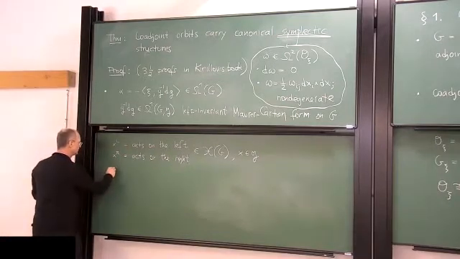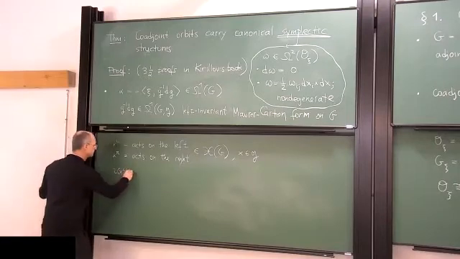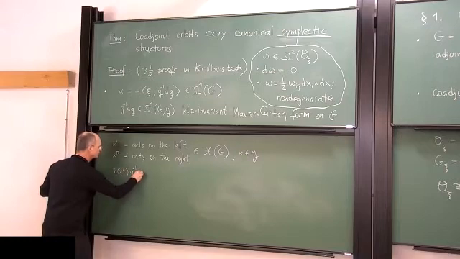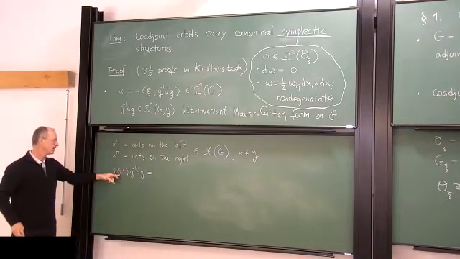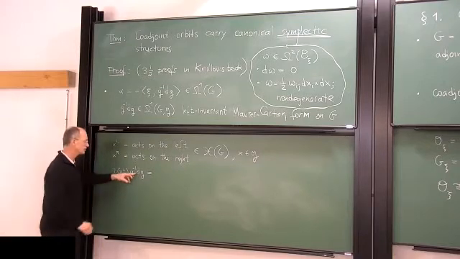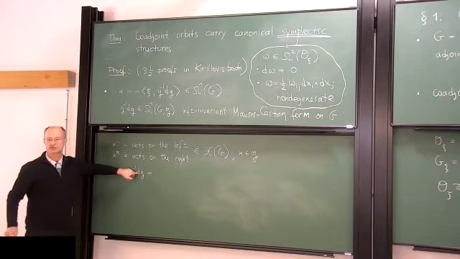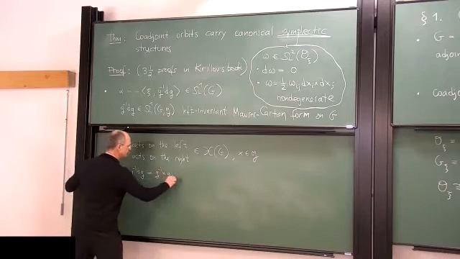Now, when such a vector field acts, say, on that Maurer-Cartan form, what do you get? When it acts on the left, you see, it stands here instead of the differential, and you get g^{-1}Xg.